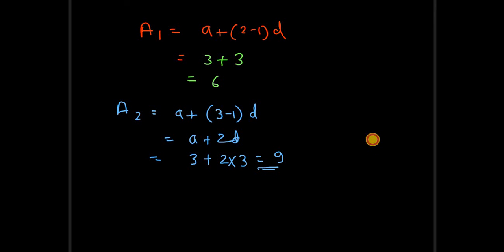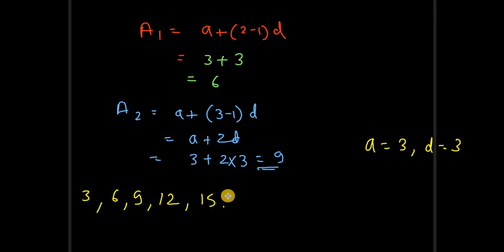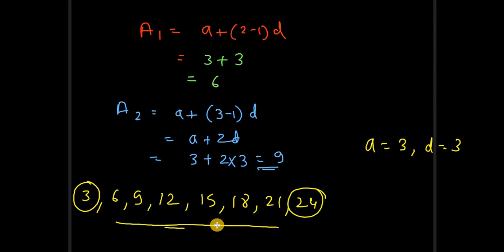As we know, A is 3 and D is also 3, so obviously our AP sequence will be 3, then 3 plus 3 will be 6, 6 plus 3 will be 9, 9 plus 3 12, 12 plus 3 15, 15 plus 3 18, 18 plus 3 21, and then plus 3 24. Our last term is 24, our first term is 3, and within this we have to insert 6 terms, and we have done it.